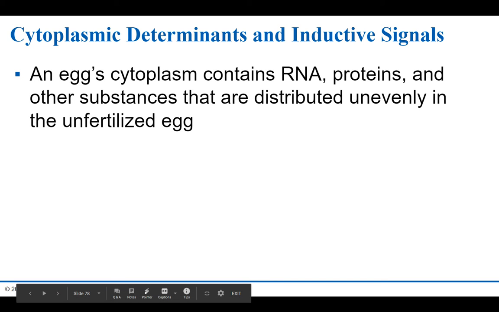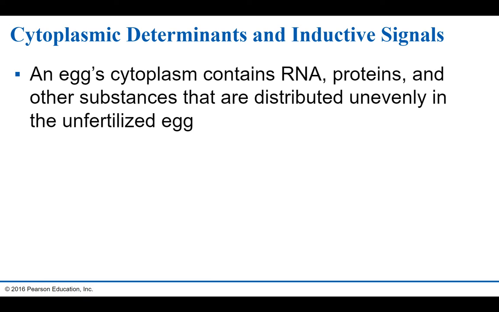Cytoplasmic determinants are molecules that are found in the cytoplasm of an egg cell. You may or may not know an egg cell contains a nucleus and cytoplasm and organelles and all that stuff. A sperm cell is much, much smaller. It hardly has any cytoplasm and hardly any organelles. So most of the organelles and things that a zygote receives come from its mother.